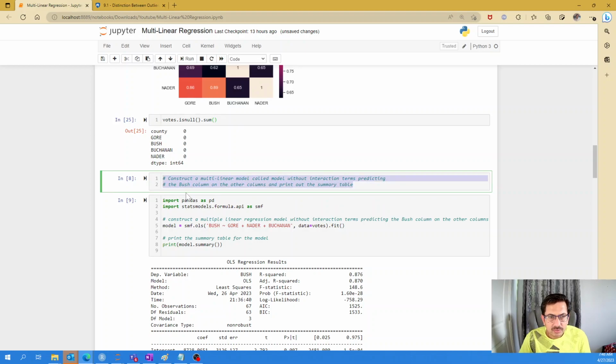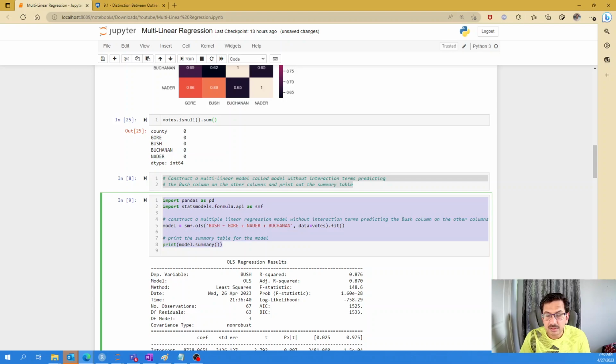We are planning to construct a multilinear model first without interaction terms. The Bush column is our predicted column in this case, and we are using all the other three as X variables, with Bush as the Y variable. Just a simple multilinear regression without any interaction.